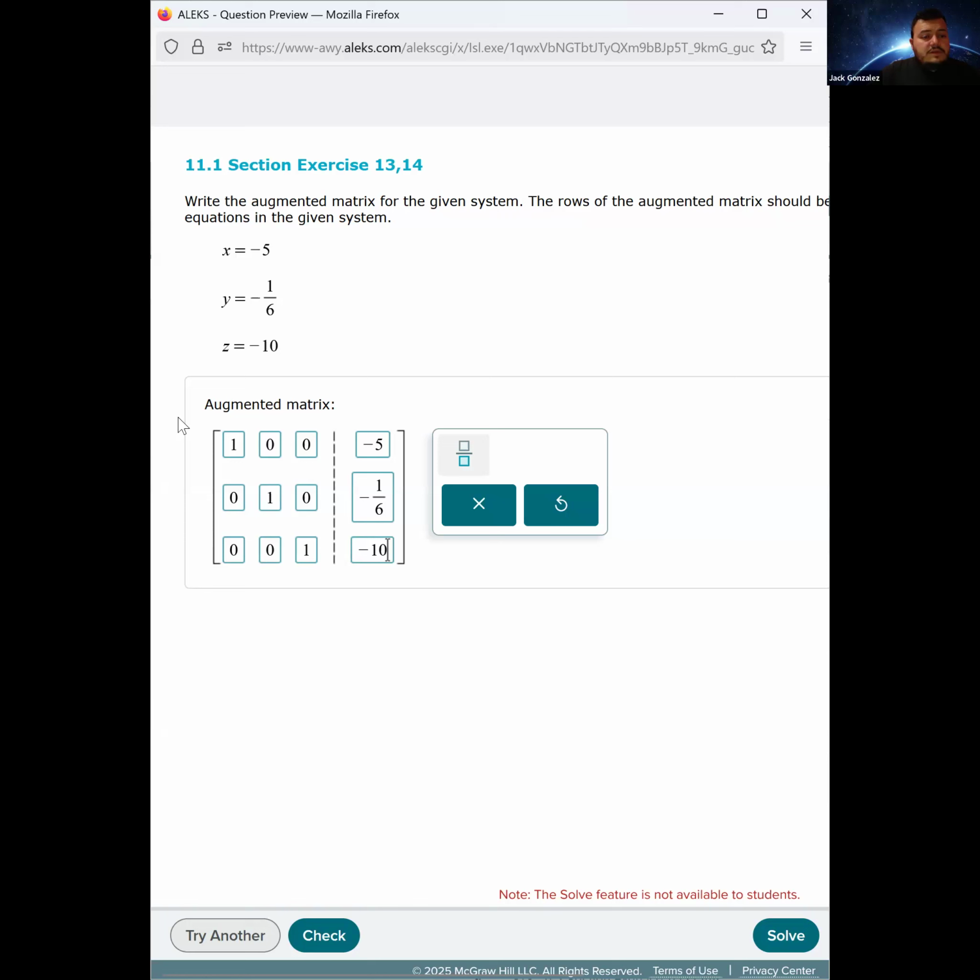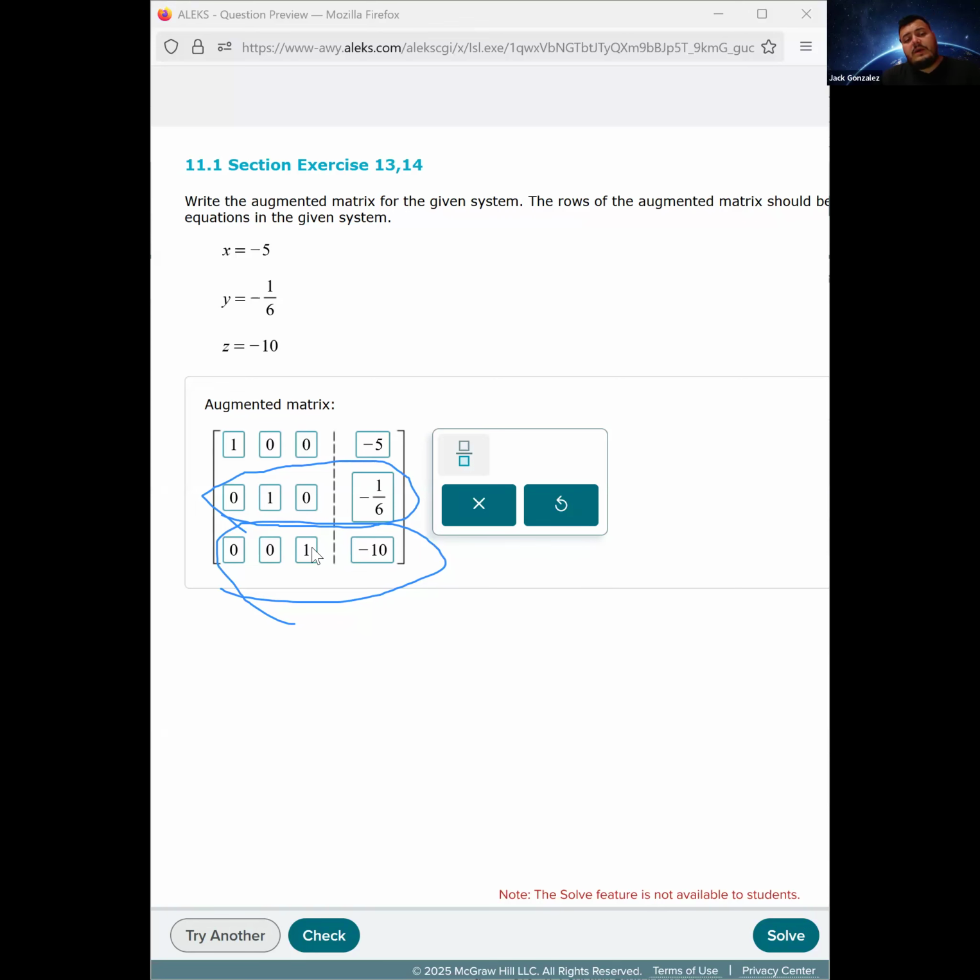So when it's in this form, you have ones down the diagonal. It's basically a solved matrix. So when you solve it, like the other ones we were doing, they would turn into this, which tells you what x is equal to. X is equal to -5. That's why you read this first line here. X equals -5. This is y equals -1/6. Z equals -10.